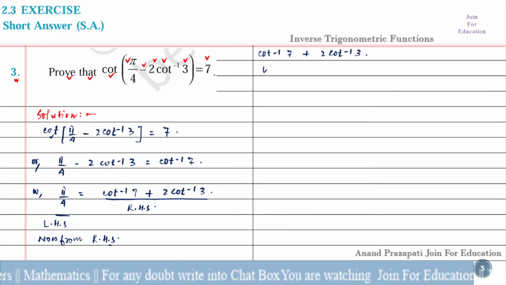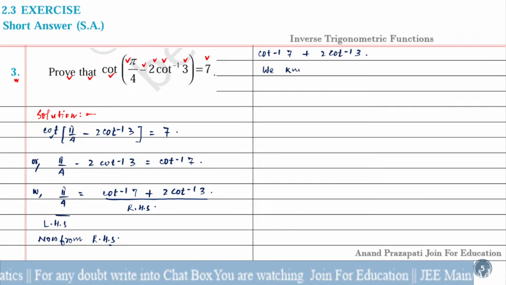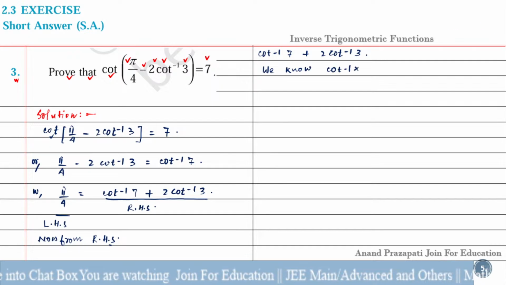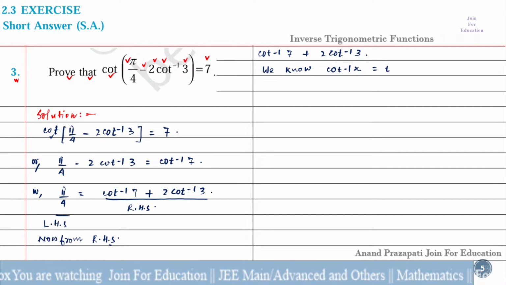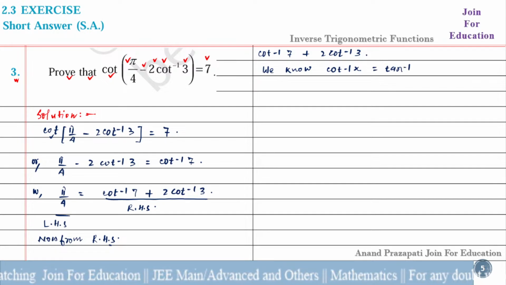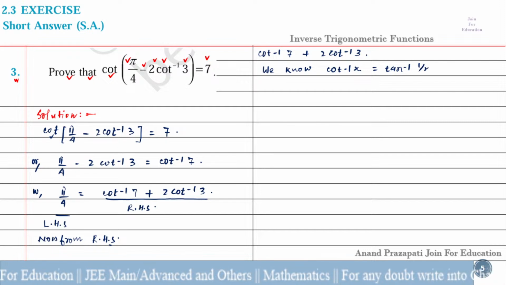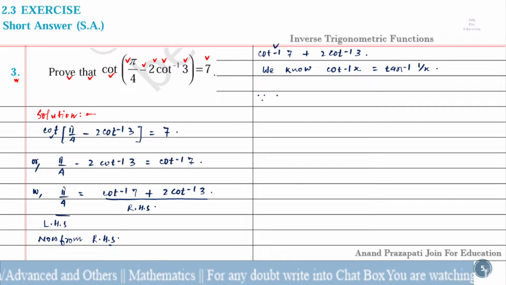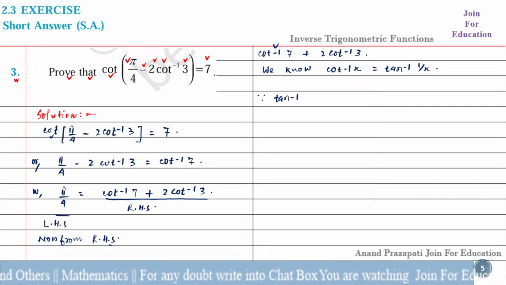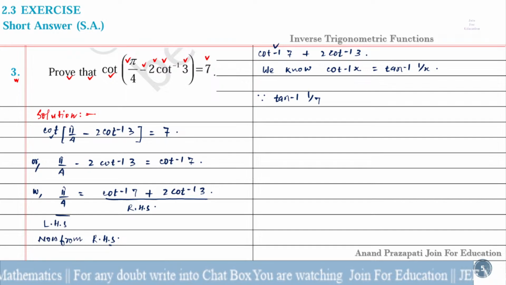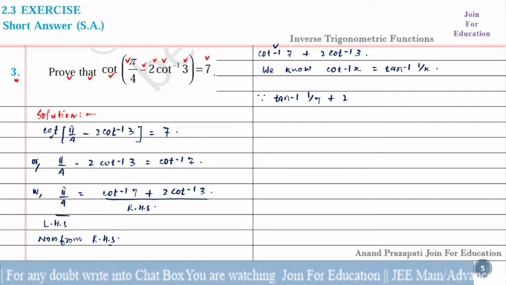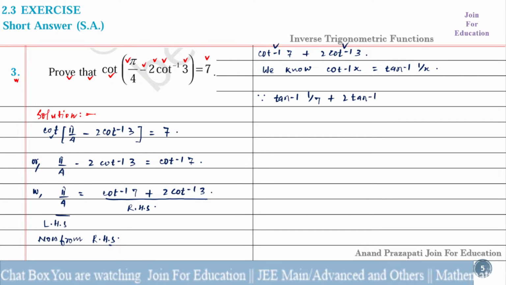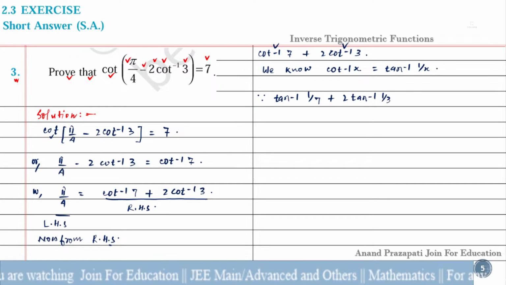We know that cot inverse x equal to tan inverse 1 by x. Therefore, this one will be tan inverse 1 by 7 plus 2 tan inverse 1 by 3.